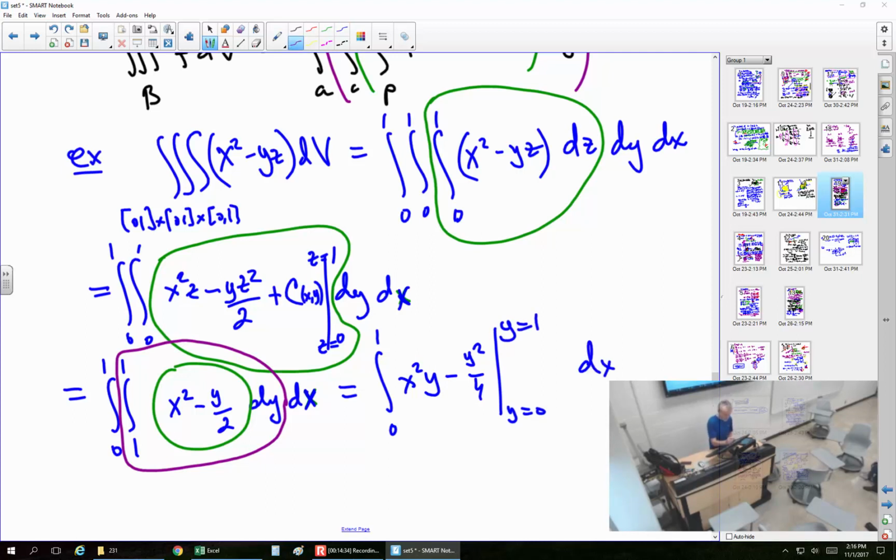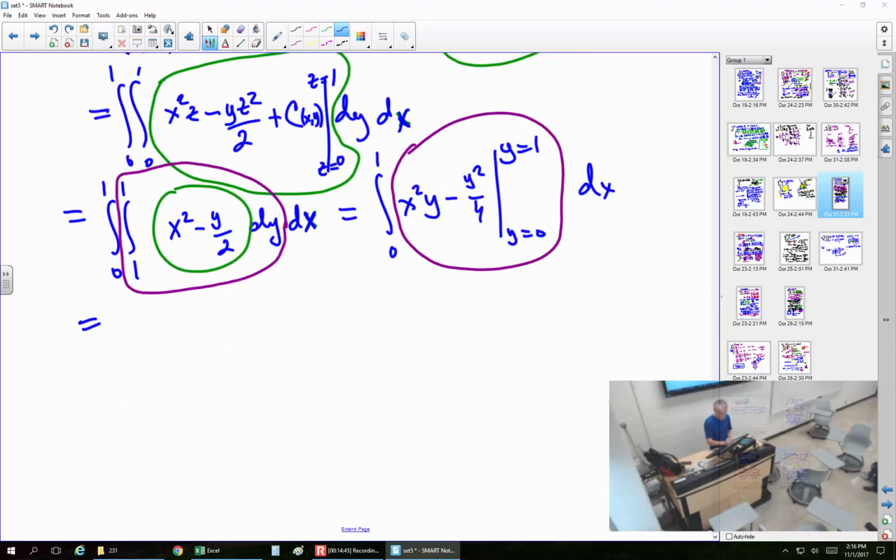I will still circle this. I apply the fundamental theorem, which gives me x squared minus 1/4, and then 0. So I'm done with y.